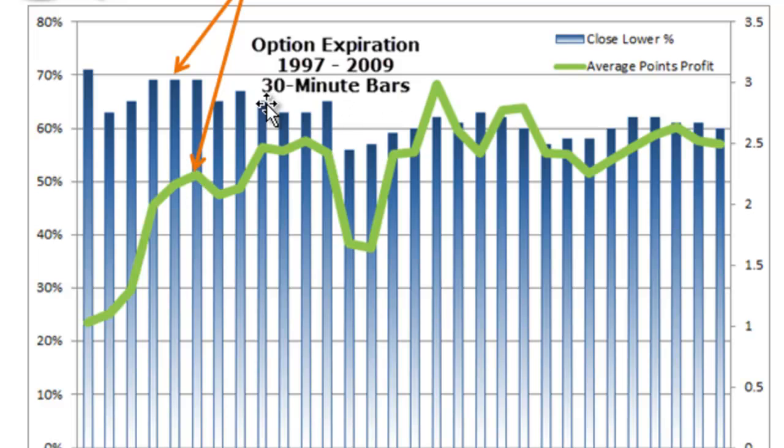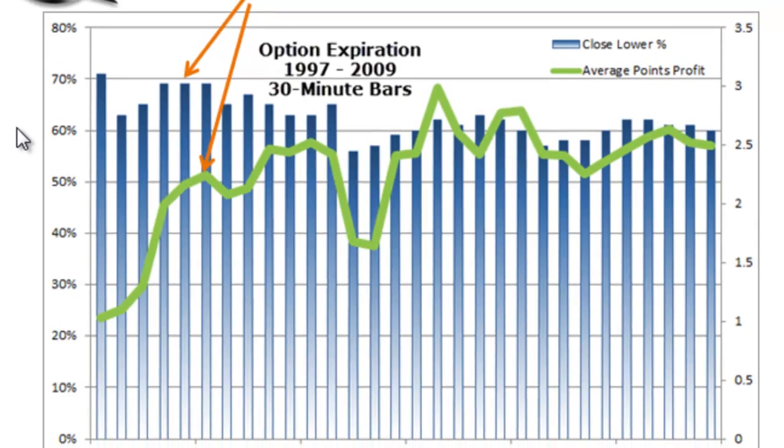These are very detailed statistics. This is going back from 1997 all the way to 2009. And it's very, very useful, very, very valuable statistics. And this is what you get, this information, instantly when you use Quantum Charts.